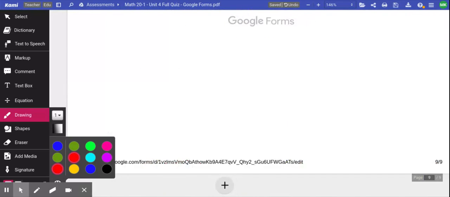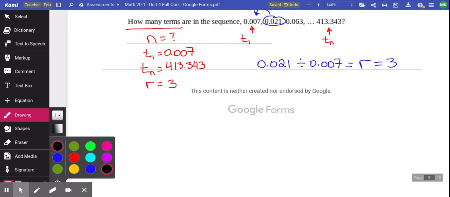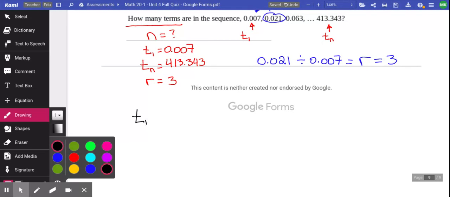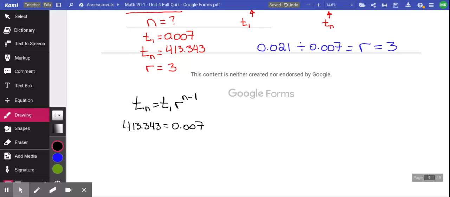If I go down here, that means I'm using the formula T of n equals T of 1 times R to the power n minus 1. And then I can start to put in information. So T of n was 413.343. That's the last term. T of 1 is 0.007. R is 3.